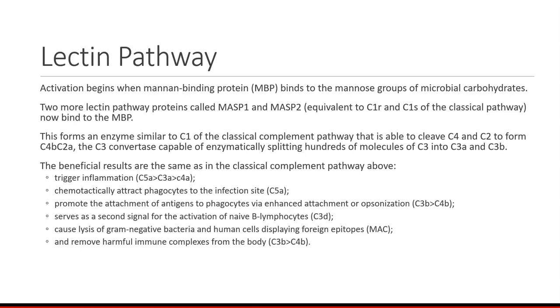It triggers inflammation. It chemotactically attracts phagocytes to the infection site. It promotes the attachment of antigens to phagocytes via enhanced attachment or opsonization. It serves as a second signal for activation of naive B lymphocytes. It causes the lysis of gram-negative bacteria and human cells displaying foreign epitopes, and it removes harmful immune complexes from the body.